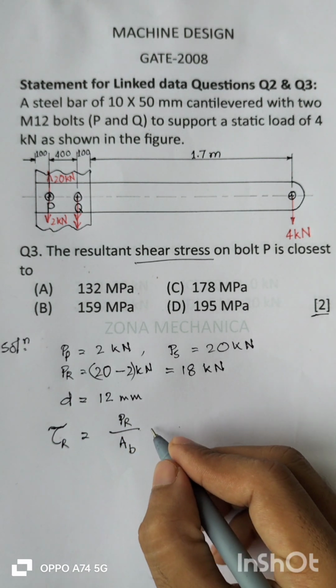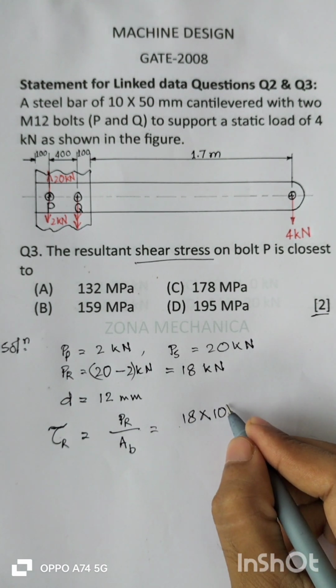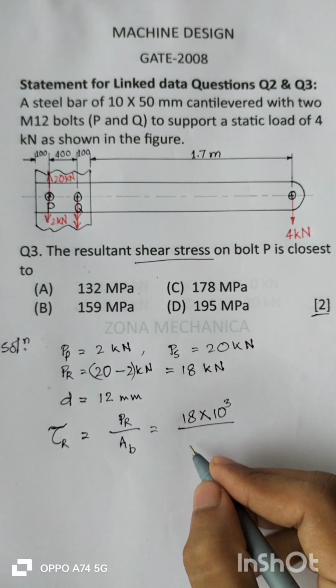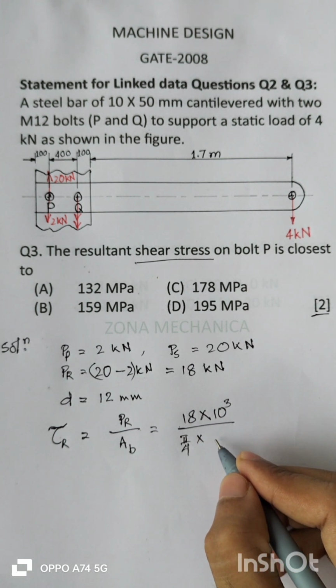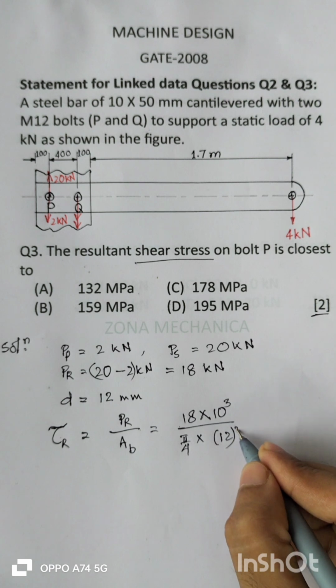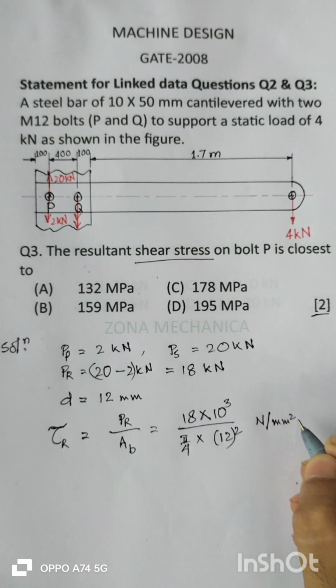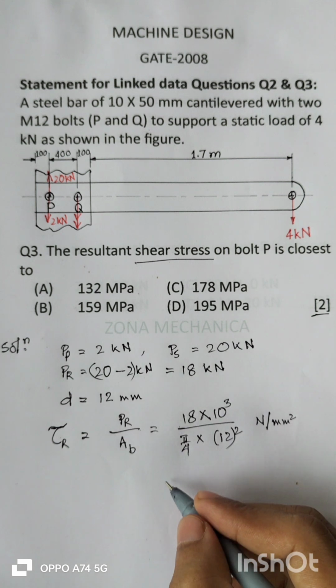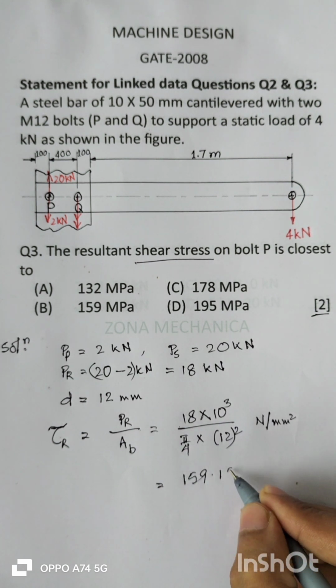So 18 kilonewton, that is 18 into 10 to the power 3 newton, divided by pi by 4 into d square. So what is d square? 12 mm square. So this much of Newton per square millimeters. So this will give 159.15.